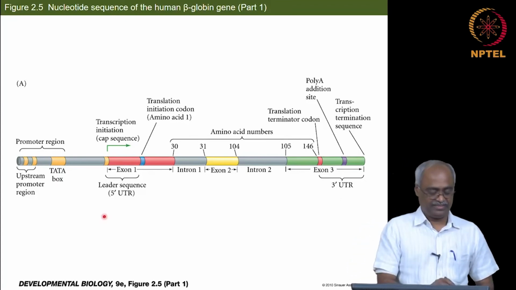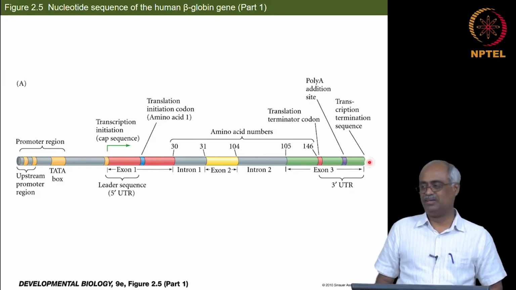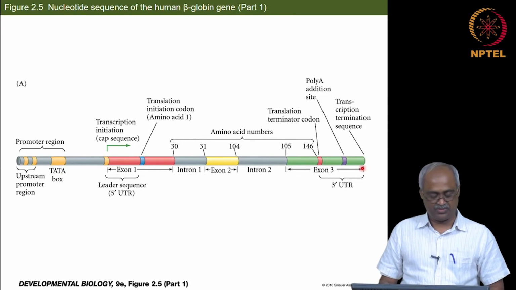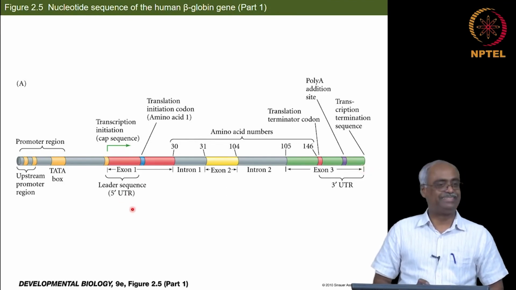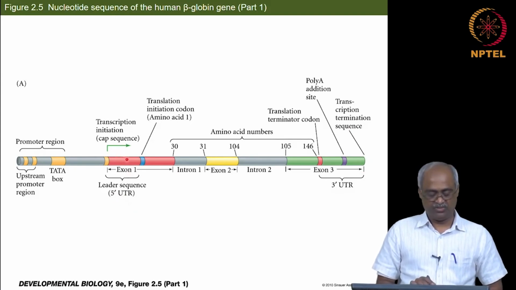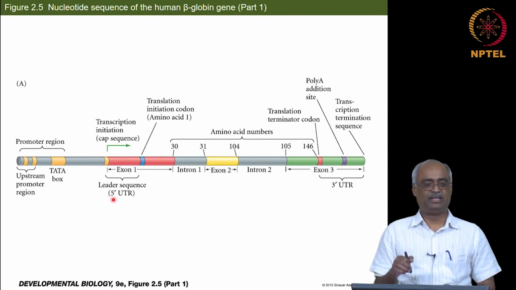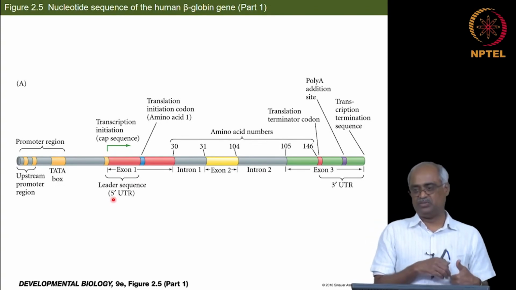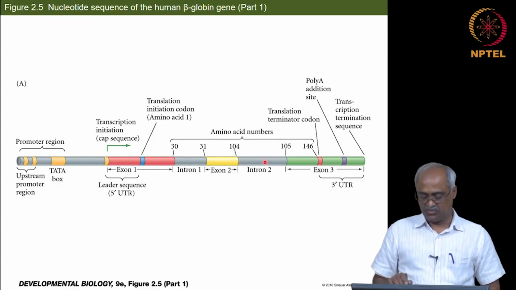This horizontal bar represents the DNA sequence of a part of a eukaryotic chromosome. First we will focus on what is easy for us to understand, that is the coding sequence. The coding sequence is divided into exons, meaning there are intervening sequences that are not going to be part of the mature mRNA. They are intron 1 and intron 2 here.